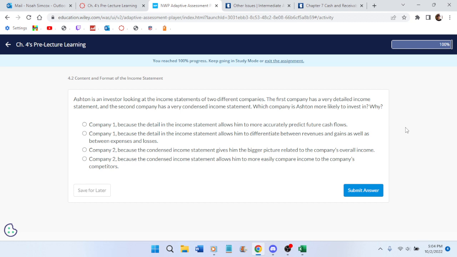The first company has a very detailed income statement, and the second company has a very condensed income statement. They will invest in company 1. I don't even remember that question.